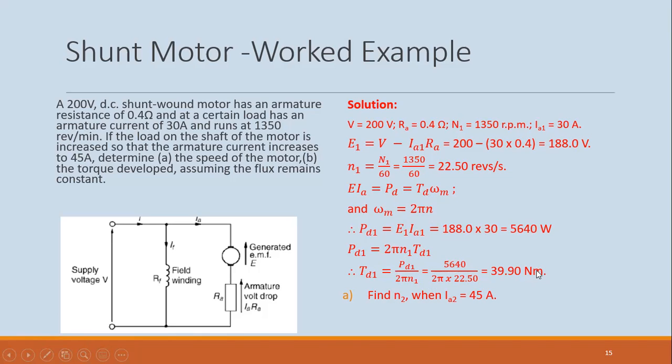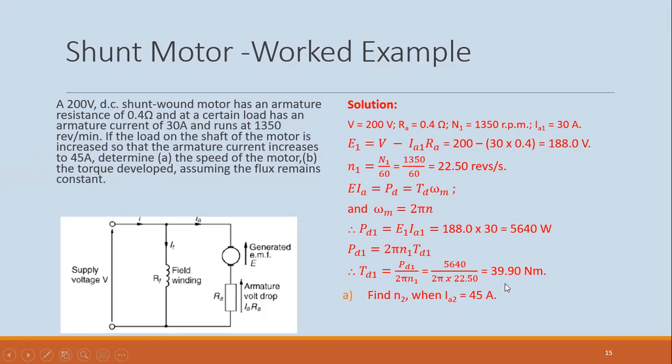All right, so we know what the speed is at 30 amps, and we know what the torque developed is at 30 amps. So the question now is to find out what the speed will be and the torque will be when IA increases to 45 amps.